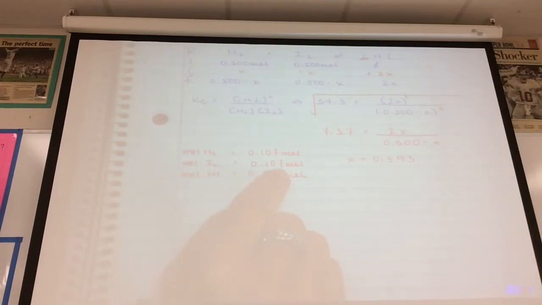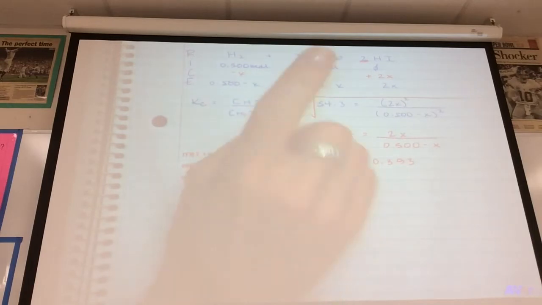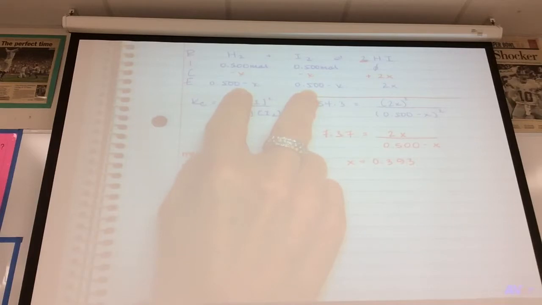They are the same because their coefficients are the same. But what if the coefficient of this were 2? How would these equilibrium amounts compare? You'd have more of this than you would of this because you would have taken more away, correct? In a ratio? All right.